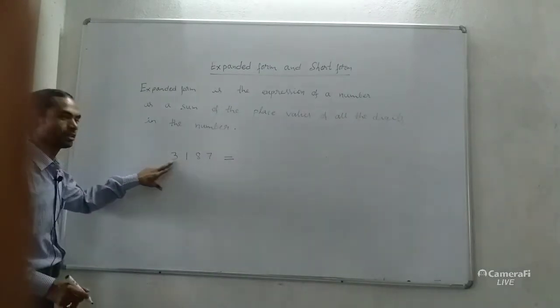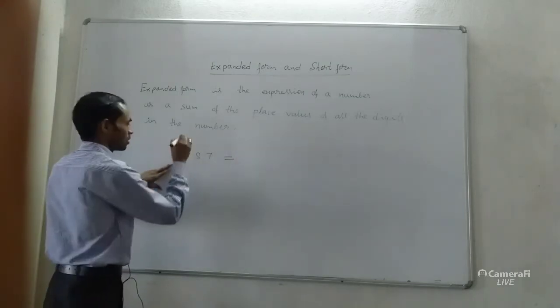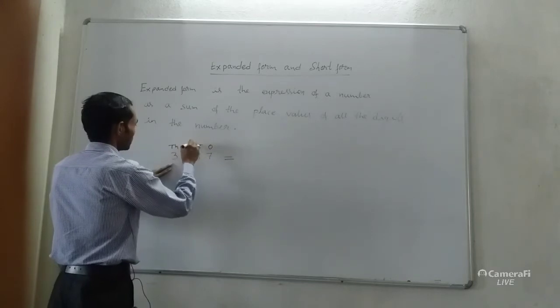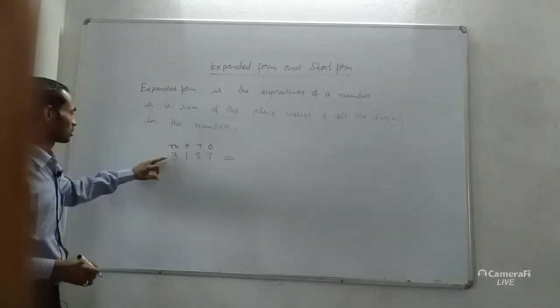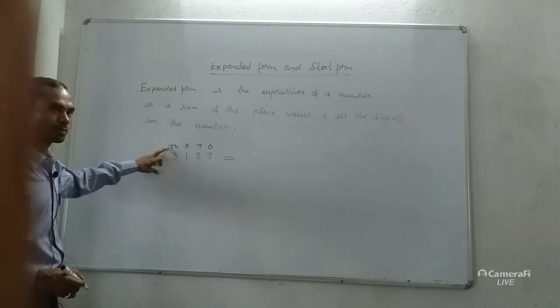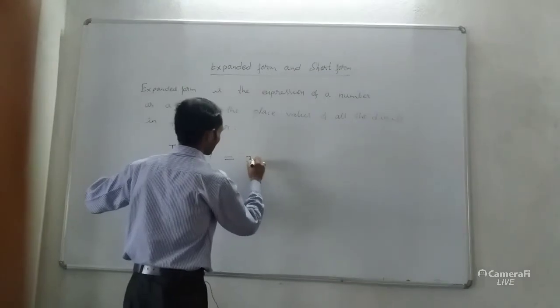First we will take 3. There is the ones place, 10's place, 100's place, and this is the 1000's place. So 3 is at the 1000 place. So what will be the place value of 3? Place value of 3 will be 3000.